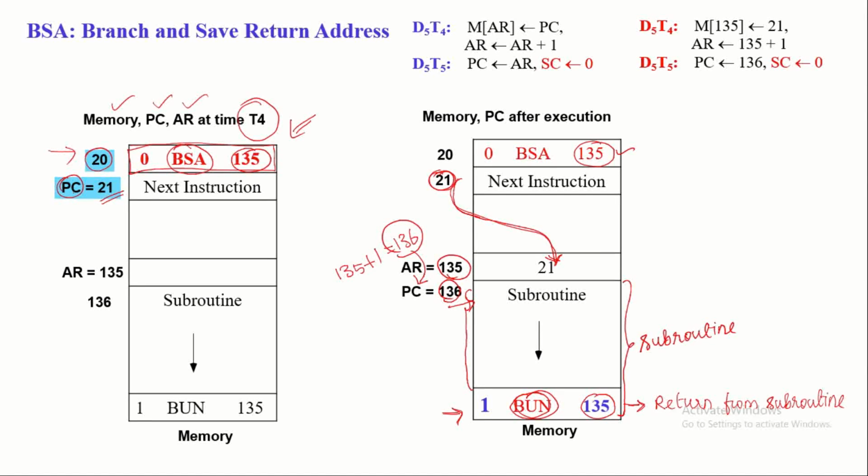In this instruction, the address part contains the indirect address, because the mode bit contains the value 1. So when the control unit goes to this indirect address, it can find the effective address of the instruction from where it can resume. Like this, the branch and save return address operation is performed.